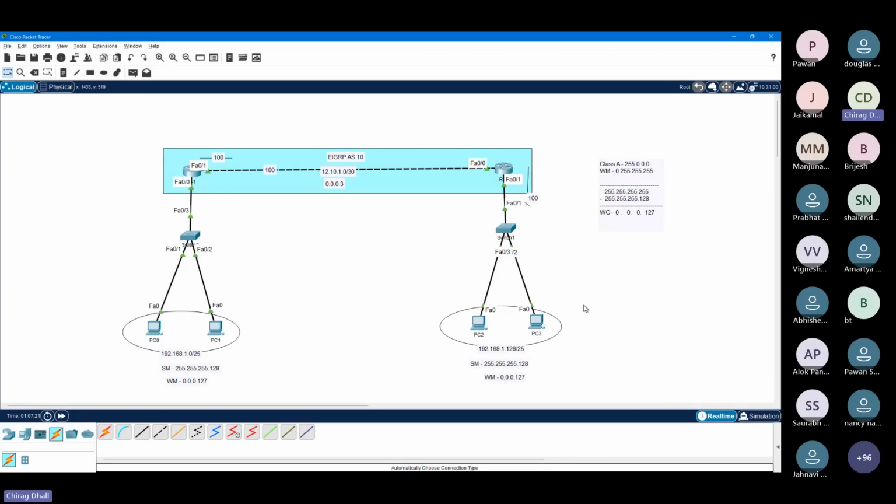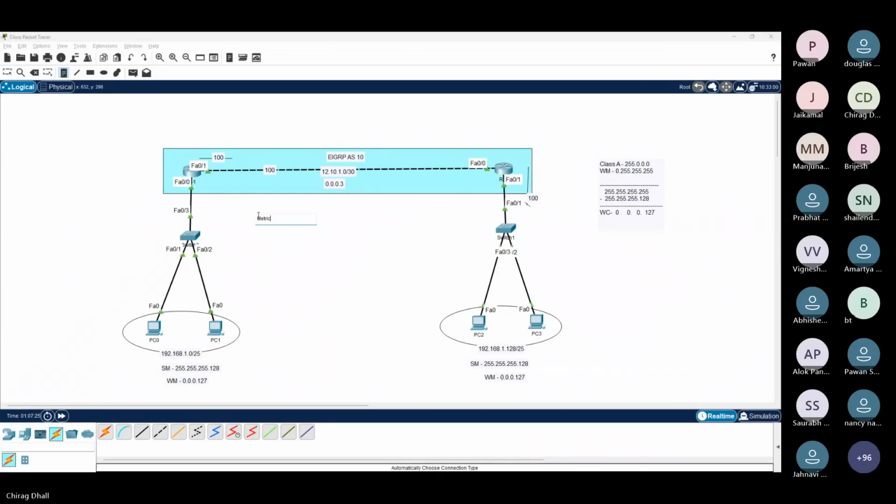So I can say my metric is equal to... If I calculate the metric of this network, it's going to be 256 multiplied by bandwidth plus delay.